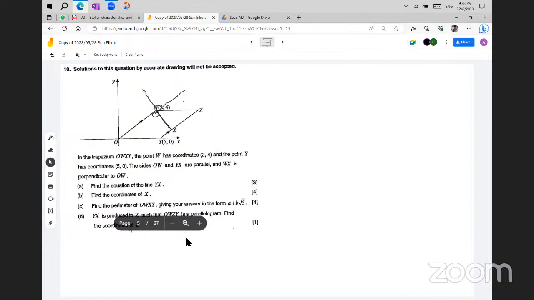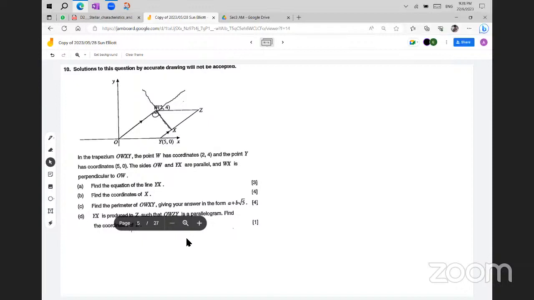Uh-oh, we're in some trouble, isn't it? Sorry, Elliot. Do you know what line we are trying to find right now? I thought we found the WX line already. How did we do that? Did you not find that just now?